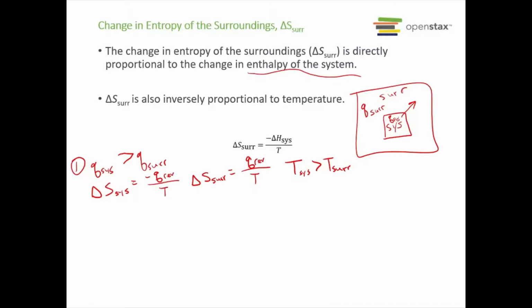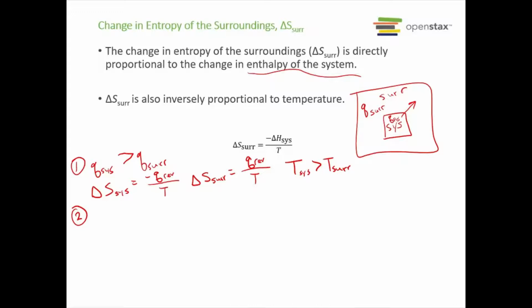The surroundings are increasing in entropy; we're adding energy to them. Since the entropy of the surroundings is going up, the entropy of the universe will increase. So that's the first one, which would be increasing the entropy of the universe.